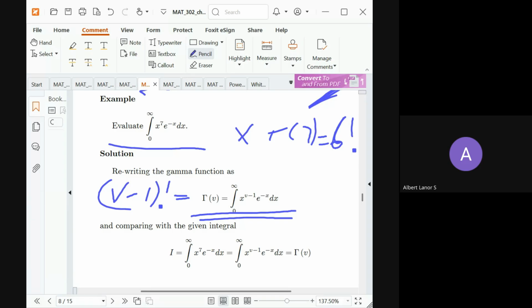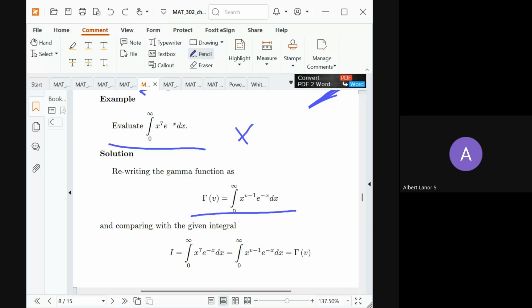So clearly, if you have the integral of x to the 7 e to the minus x dx, one of the ways to do it is that you set the power of x, factorial, to be the value of the function. So this will be equal to 7 factorial. That is one way to do it. The other way is that we are going to express it as a gamma. So this one we can write as the integral of x to the power 8 minus 1.